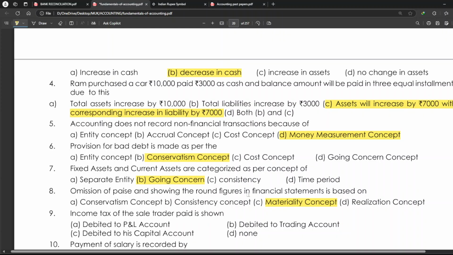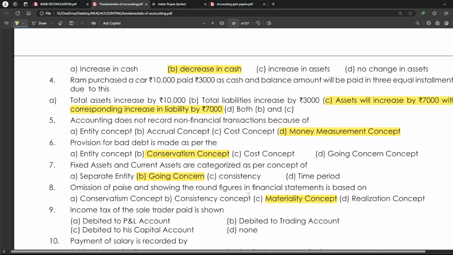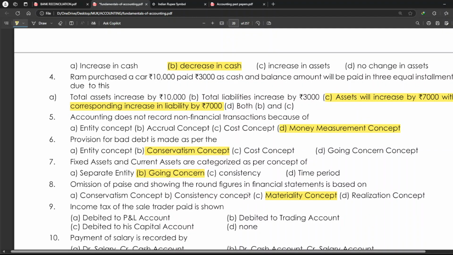So income tax of the sole trader paid is shown where? Debit profit and loss account, debit to trading account, debited to his capital account. You remember in the equation, assets equals liability plus owner's equity, and that one is for capital.